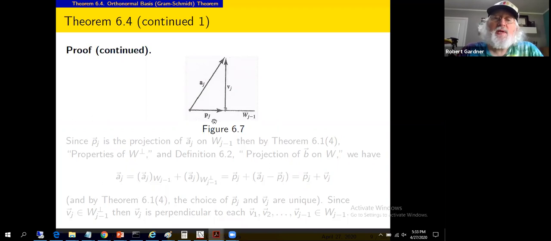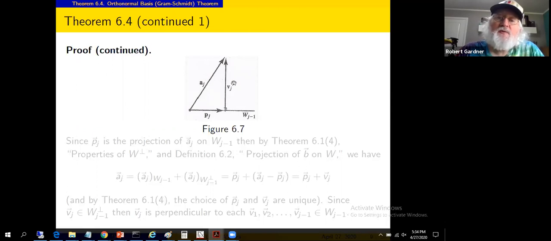So what we're doing is finding the p sub j and the v sub j, and those two are going to add together to give a sub j, with the constraint that p sub j lies in subspace W sub j minus 1. It's a projection. So what we're doing is projecting, subtracting, and producing something perpendicular.